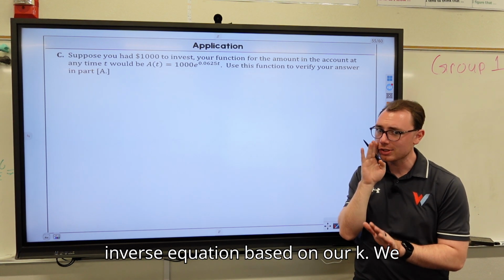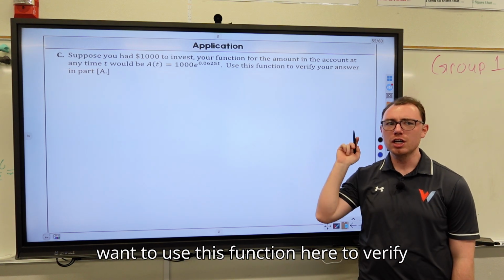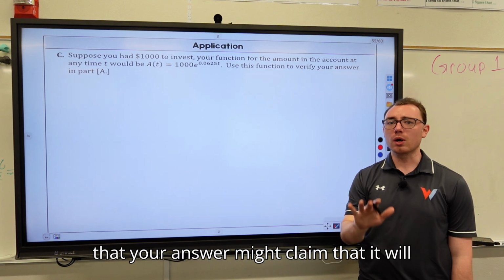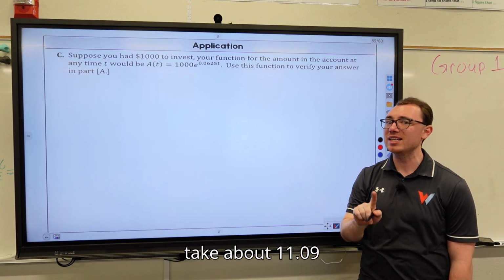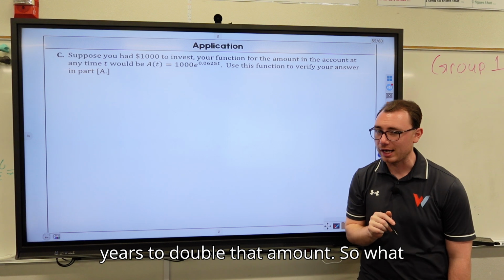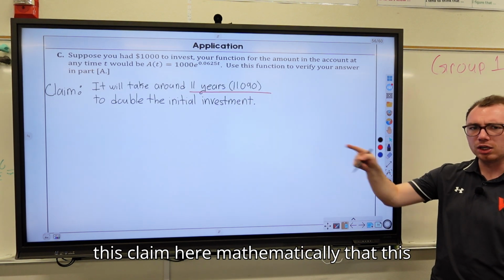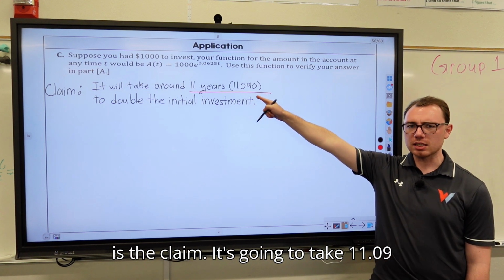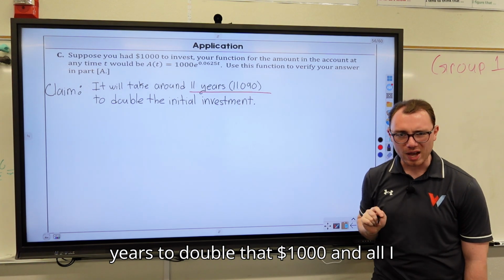That's the inverse equation based on our k. We want to use this function to verify my claim that it will take about 11.09 years to double that amount. So what we're really doing is proving this claim mathematically: it's going to take 11.09 years to double that $1,000.